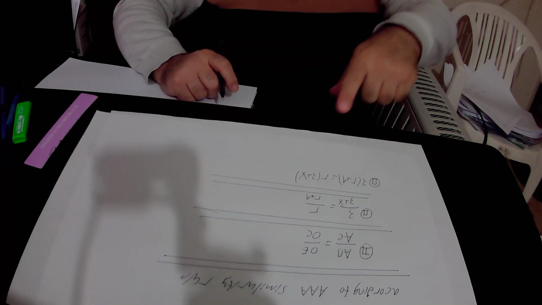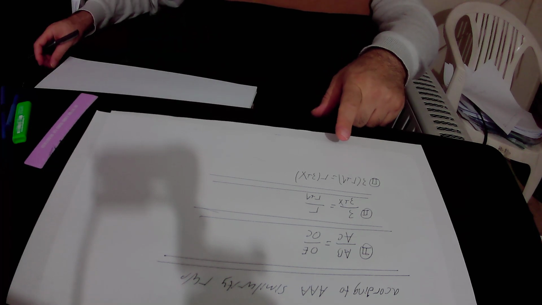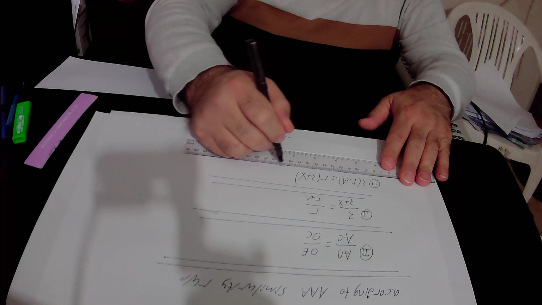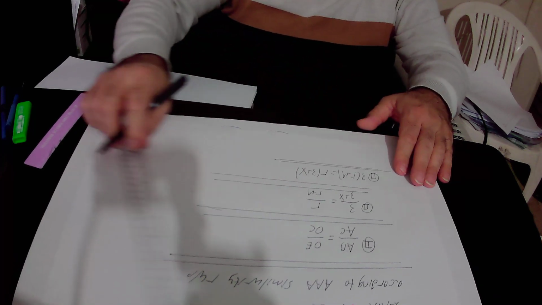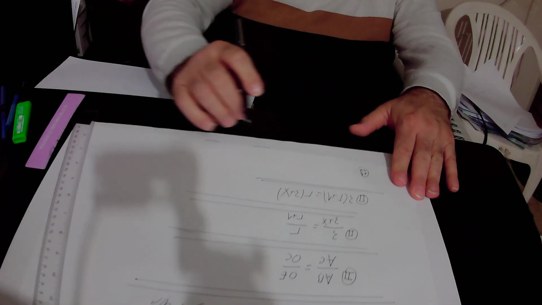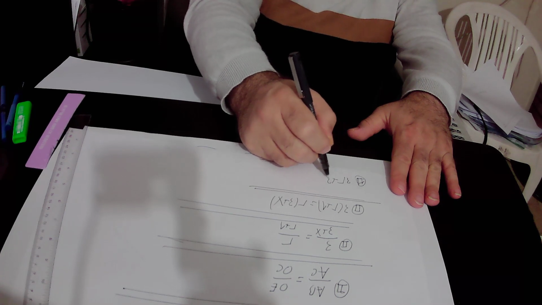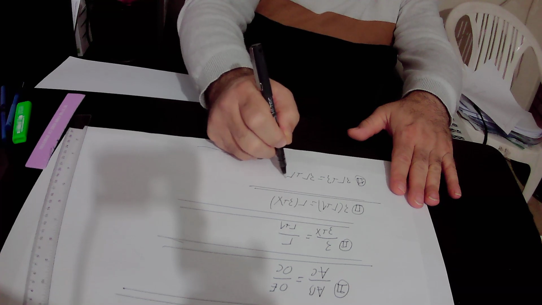So here we will open the brackets of this equation, and we will get that 3R plus 3 equals 3R plus R times x.